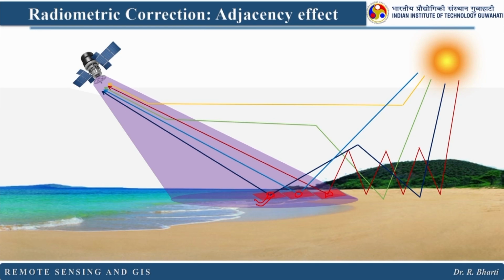That is because of the more scattering. So, this happens when there is a sudden change in the brightness value, right. If there is a sudden change in the brightness value, sensor cannot resolve immediately, and then that value may get recorded for the other pixel, right, and that will be an added value. So, that is the problem with the adjacency.